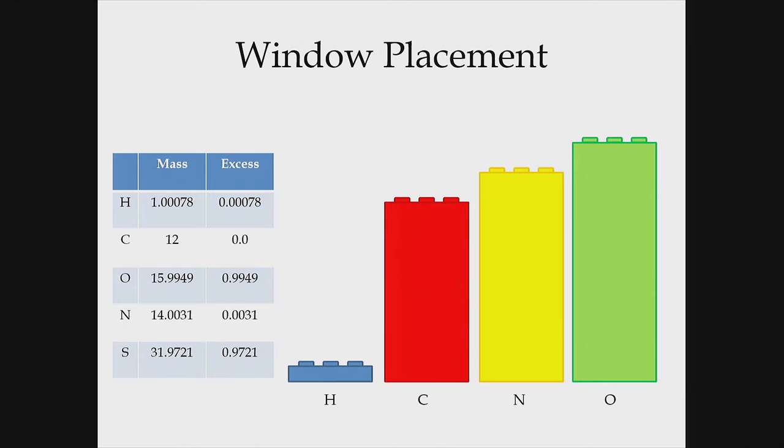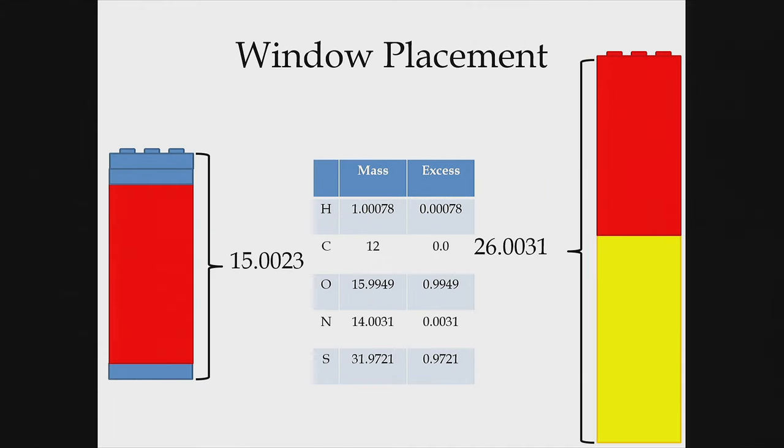So it's kind of similar to building peptides with Legos. If you imagine that you're building a Lego tower, you can't build a Lego tower that's 2.5 Legos tall, unless you have like a saw. So any particular tower that you can build is going to be some combination of these elements, and because they're all very near to this integer, you're going to get something very close to an integer mass when you construct peptides from amino acids, which are in turn molecules built up from hydrogen, carbon, oxygen, or nitrogen.